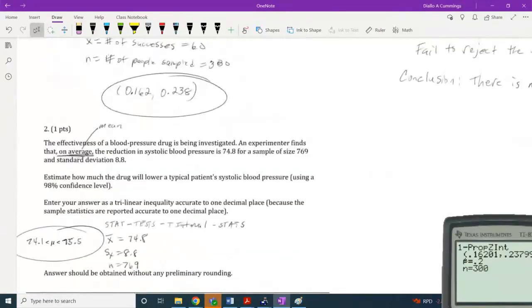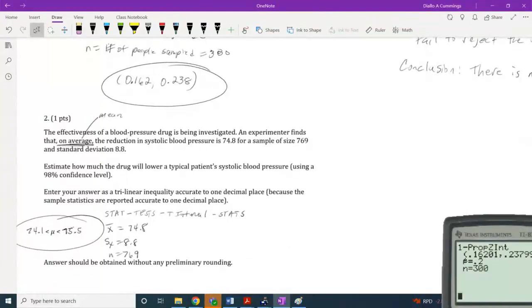When you're using a mean, you're going to use the t interval. The reason we don't use the z interval for the mean is the population standard deviation is not known. So for anything we do in this class, if you're finding a mean, you're going to use that t interval or the t test.